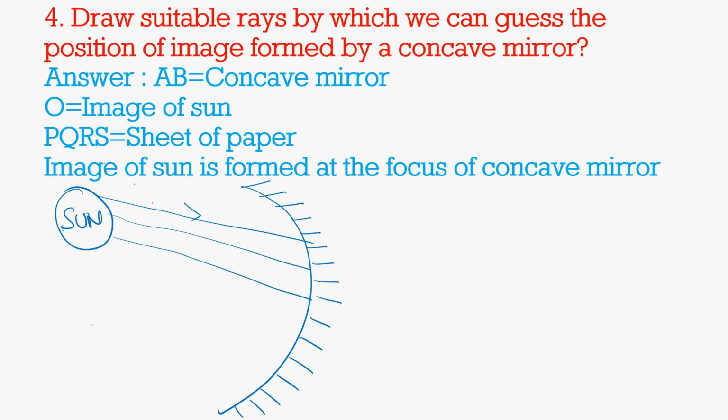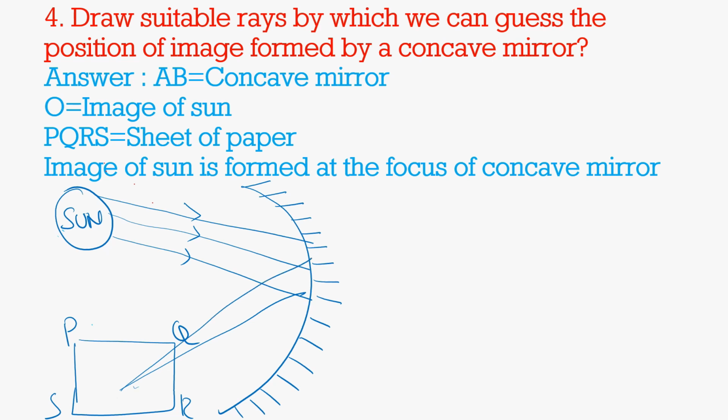These fall on the reflecting surface, and here we are placing a sheet of paper. We are assuming it is P, Q, R and S. These parallel rays coming from the sun are reflected and they reach this point. From the sun the rays are coming.